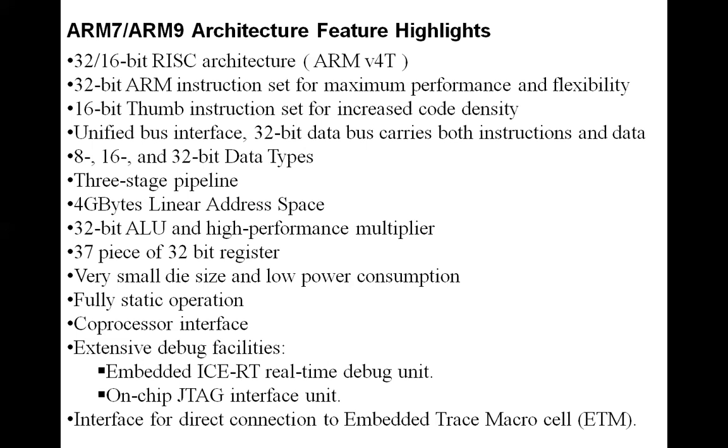Then it has about 4 GB of linear address space available. Because of 2 raised to 32, about 4 GB of memory interface capability is available. So you can find about 4 GB of address space available to the programmer while programming.